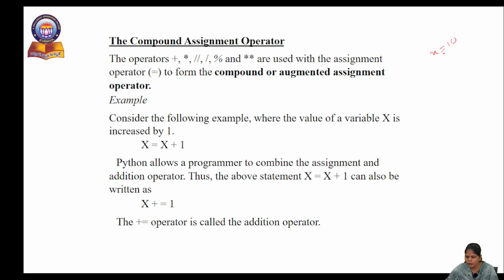You will be using the equal symbol and a value to be stored within that particular variable. When you write x equal to 10, the compiler or the interpreter will create a memory space for it and then store the value 10 in it. At the time of declaration in C, whenever you write int a, this is a declaration part.